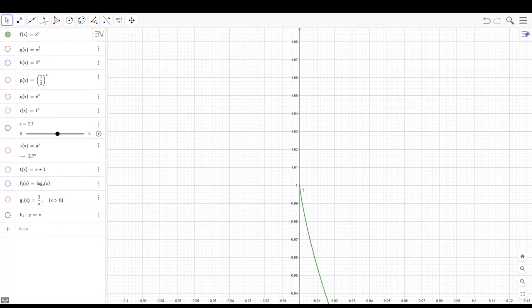And so you could define 0 to the 0 to be equal to 1. So you're actually defining the value. You're removing the discontinuity. Okay, so that's possible, but it's not included in the domain originally.